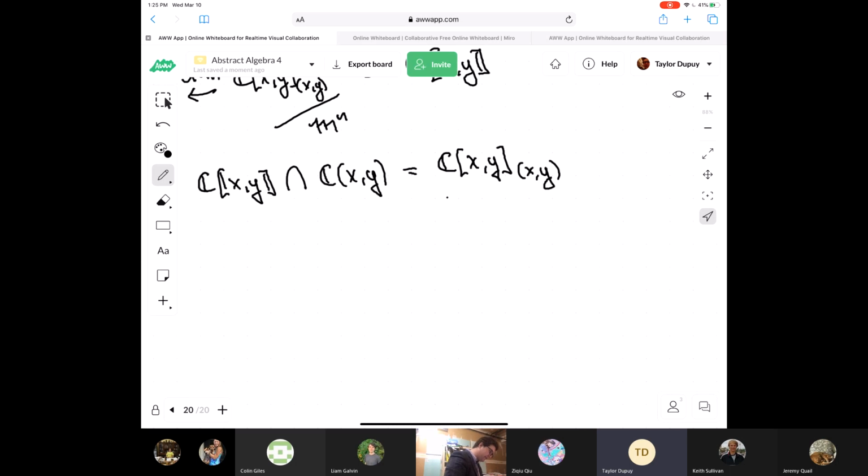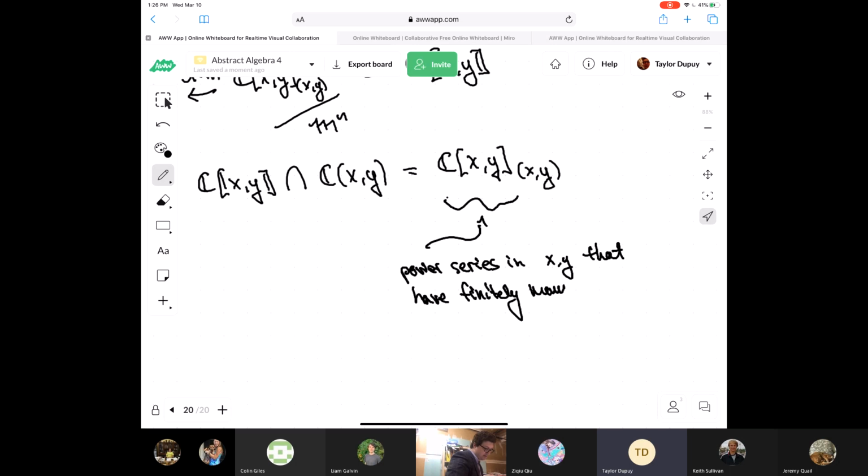Another way to view this is that this thing is like power series in x, y that have finitely many terms. Maybe you guys are doing power series and Laurent series in complex analysis right now. But these are like the finite expansions in x and y.